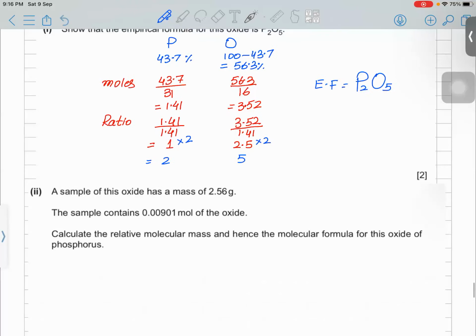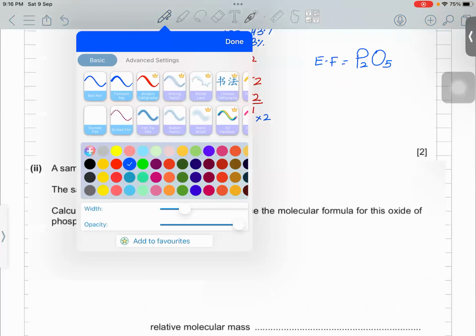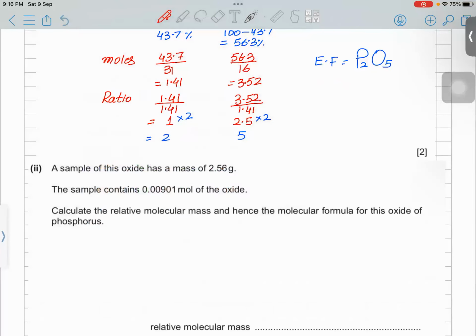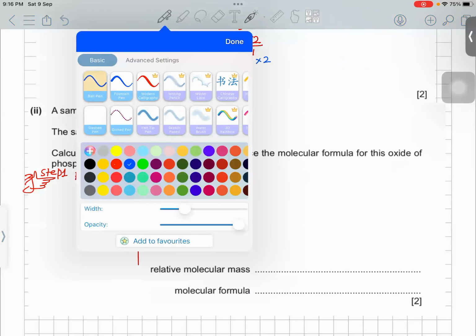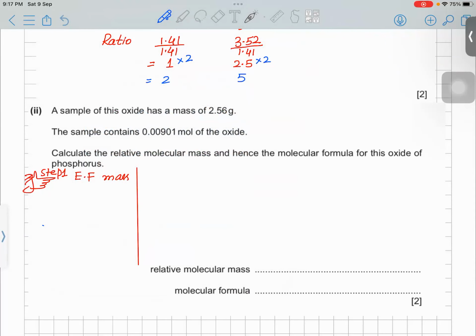Now, first step is find empirical formula mass. Step 1, empirical formula mass.